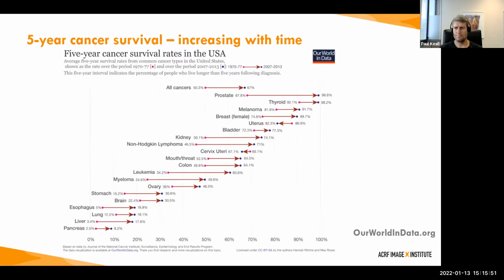So improvements across the whole cancer spectrum, from prevention and detection through to treatment and symptom management, are improving.